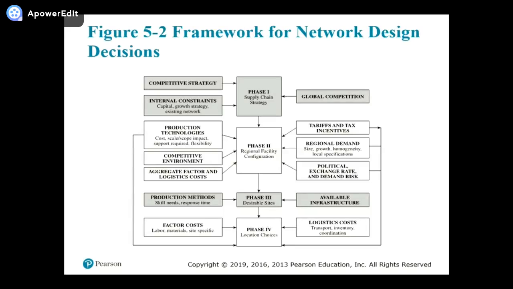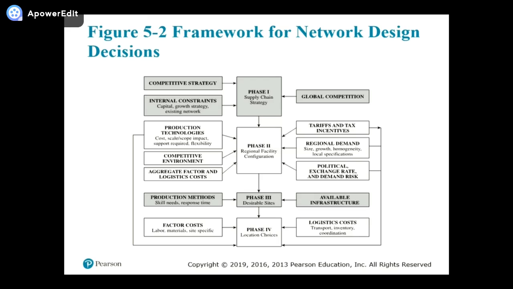So generally, the structure for supply network design falls in 4 phases. The first phase is to define our supply chain strategy. And this is what we have been talking about in the past few lectures.